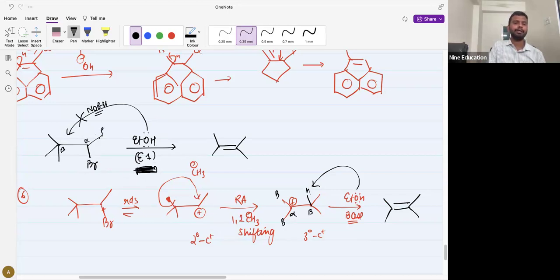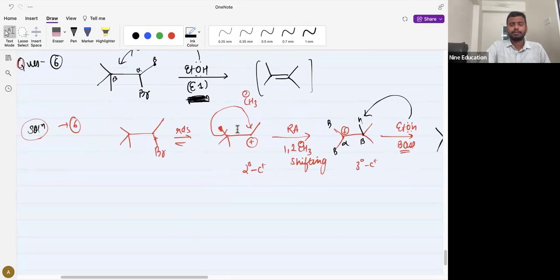If someone is trying to make here double bond, this will be less stable. Hoffman it will be, but we are getting more stable. Understanding or not?